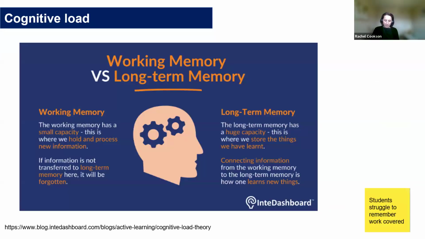Kia ora, thank you. Okay, with what we've discussed so far, underpinning the science of learning is the acknowledgement that we need to support students to move knowledge from their working memory into their long-term memory. That's how we can be confident when students start our level 2 courses in saying you've covered this material, and students are able to recognize that they have covered the material because it is in their long-term memory.